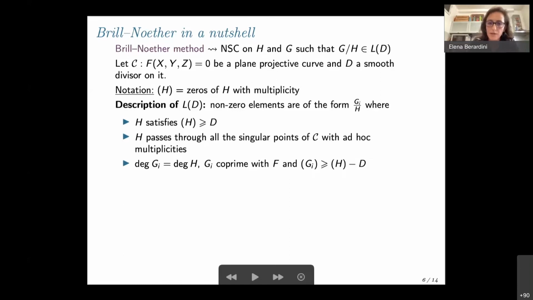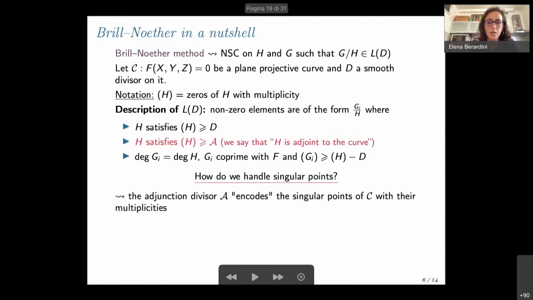And so one can ask, for instance, how we can deal with the singular points on the curve, so about the second condition on H, and this can be rephrased using a particular divisor, which is called the adjunction divisor A. And so one can rephrase this condition on H by saying that you want the divisor of H to be bigger than A. And so all the conditions that we have on the Gi and on H all depend on divisors.